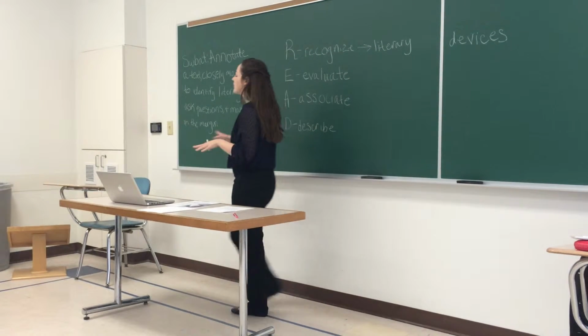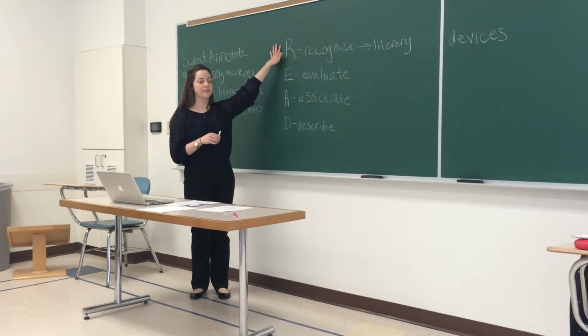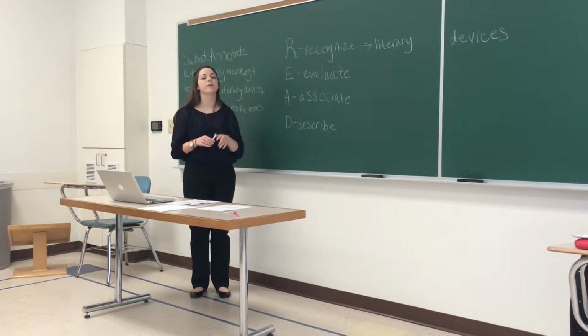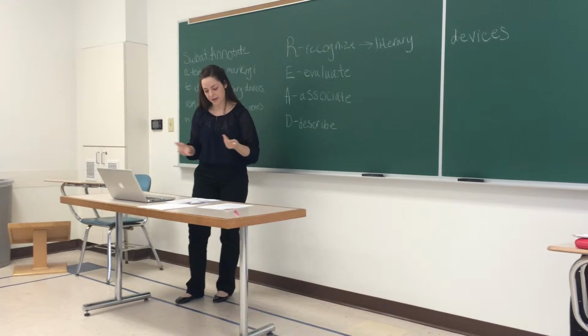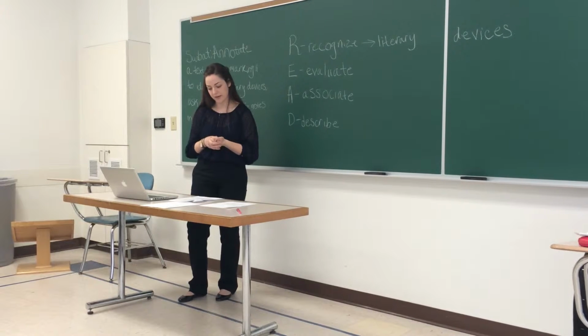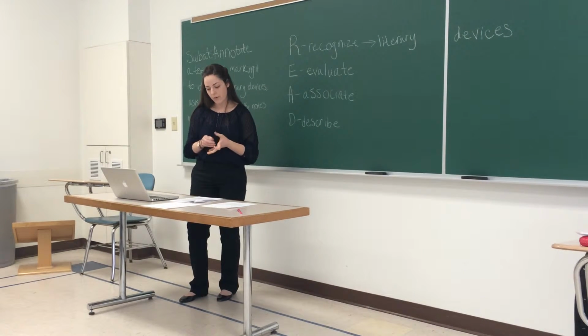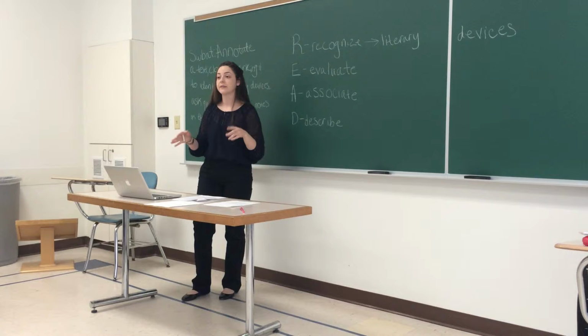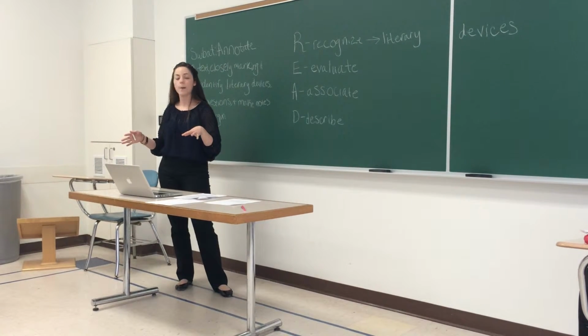Okay, so now that we know what we're trying to recognize in a poem, we're going to go to the next step. We're going to look for things we can evaluate. What I mean by evaluate is when you consider what the author is saying about a specific theme or idea in the poem.